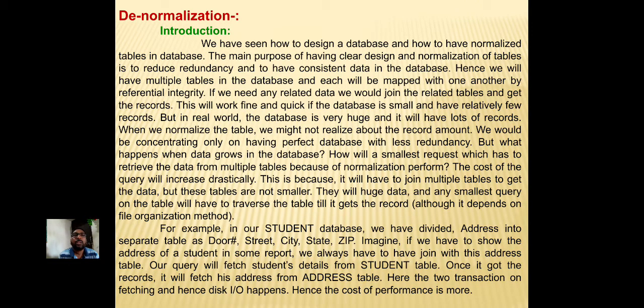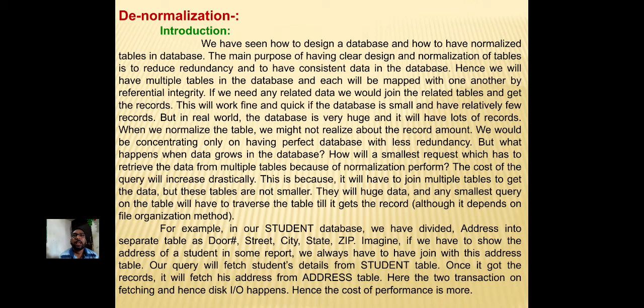This will work fine and quick if the database is small and has relatively few records. When we normalize the tables, we might not realize the record amount. We would be concentrating only on having a perfect database with less redundancy.